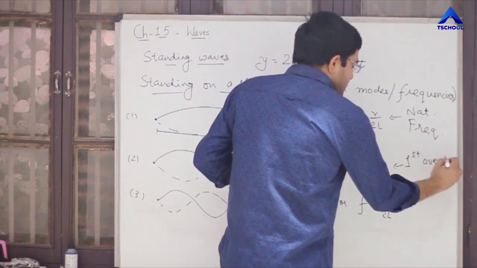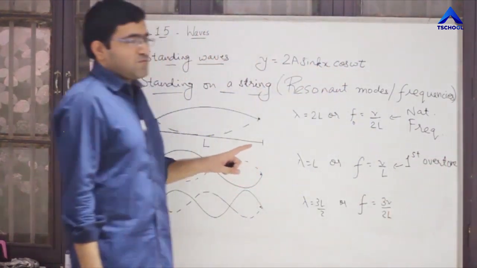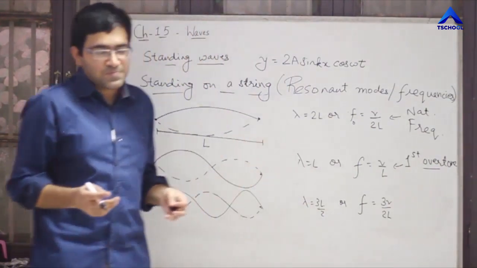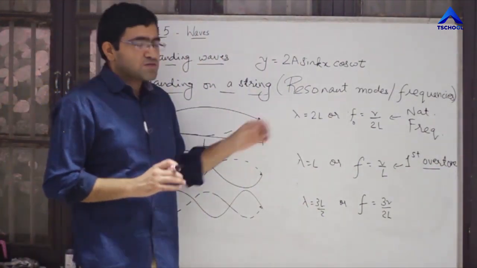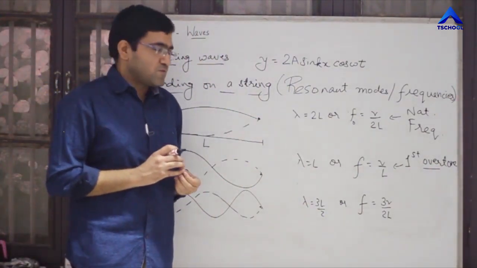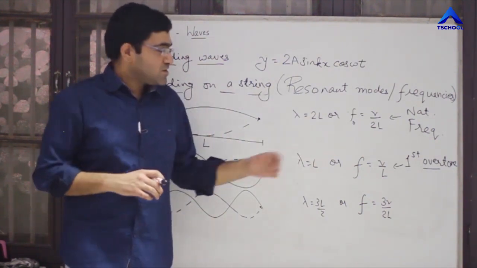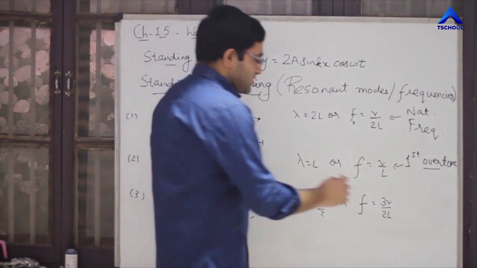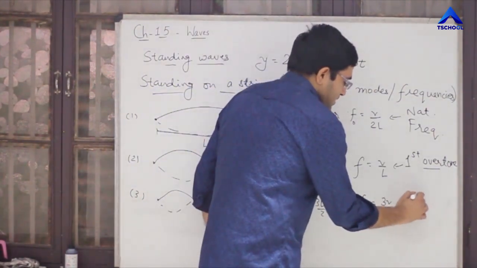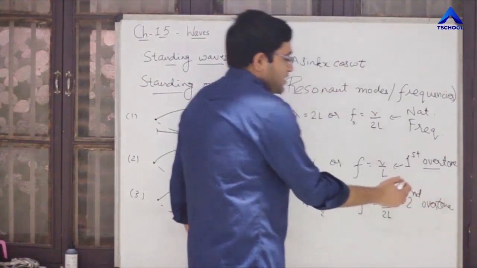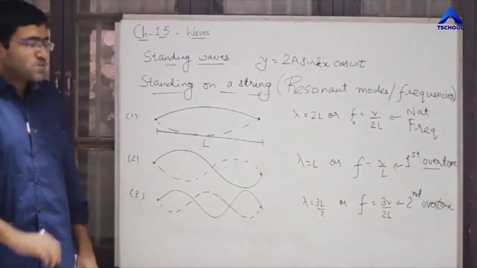You can remember it very easily, considering the word over, that indicates higher frequency. So this is the lowest resonant frequency, the next higher one is the first overtone, and the one next to it, this one, is the second overtone. And that is how things will continue.